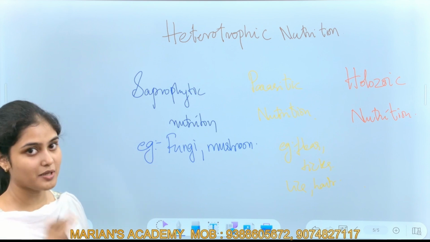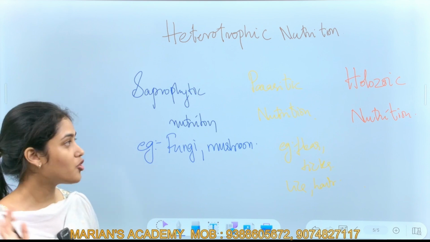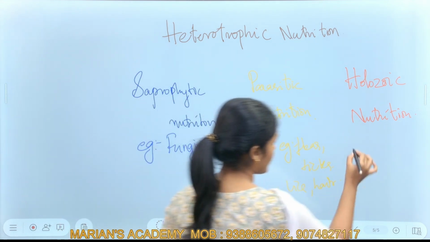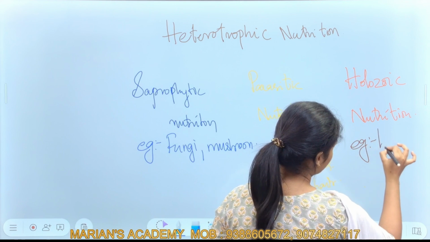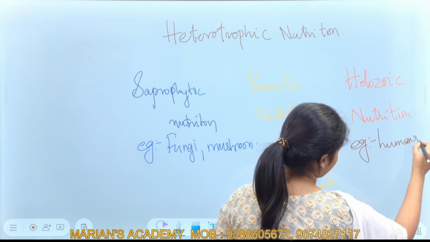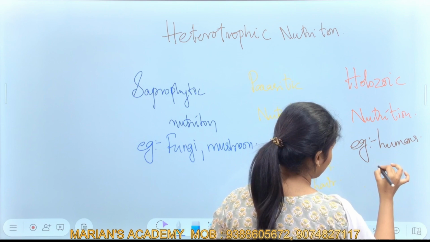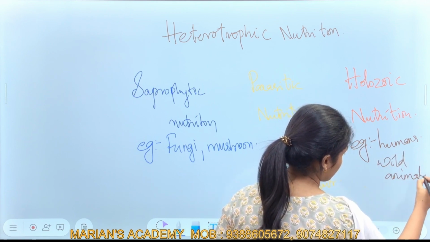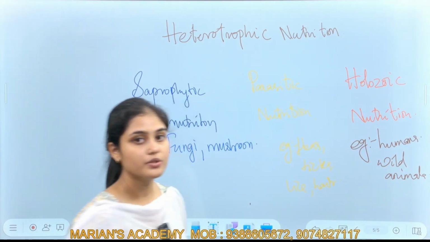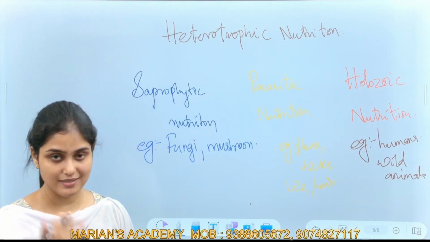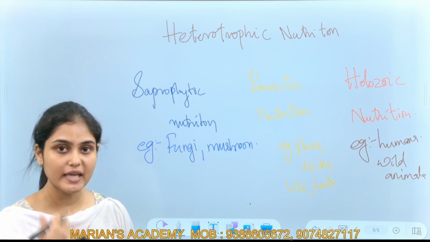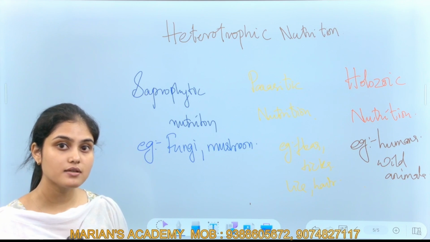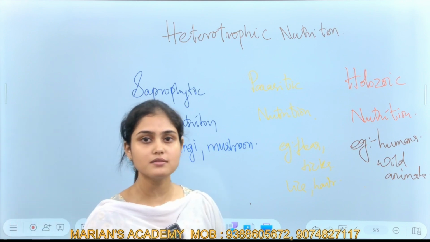Now, the last but not the least, holozoic nutrition. I will give an example so you will understand better. The example is humans or any wild animals or some higher animals. They take the food as it is. Cooking is done of course, but in the case of animals, the cooking is not done.